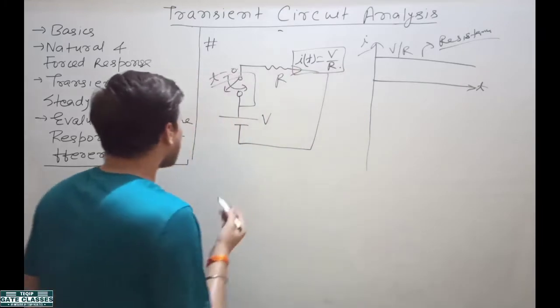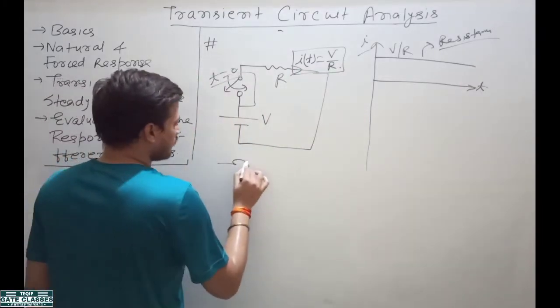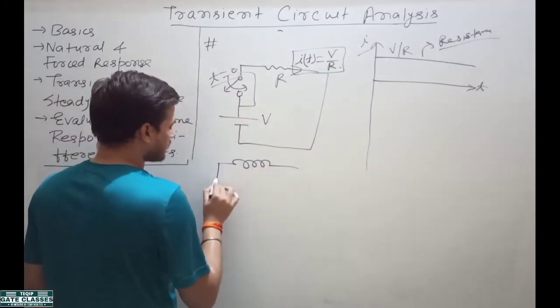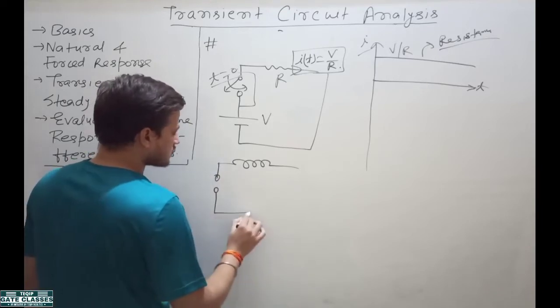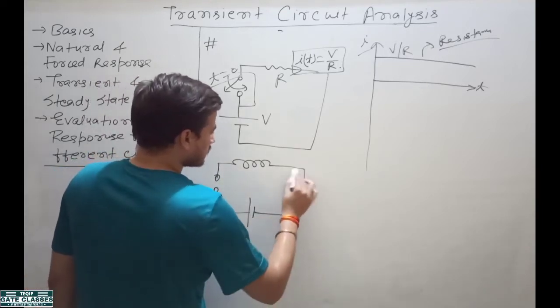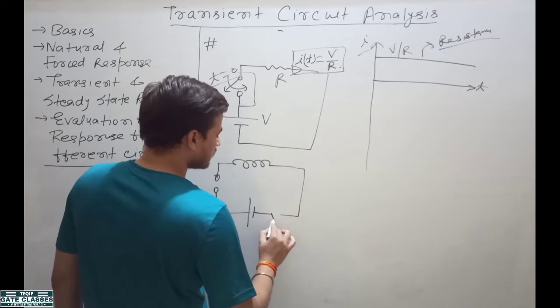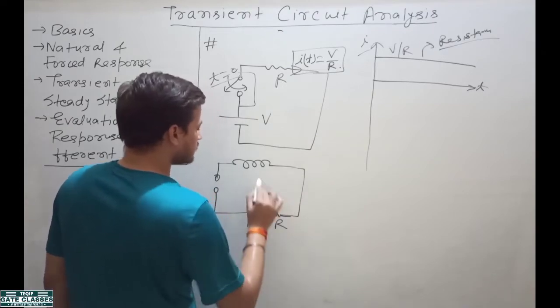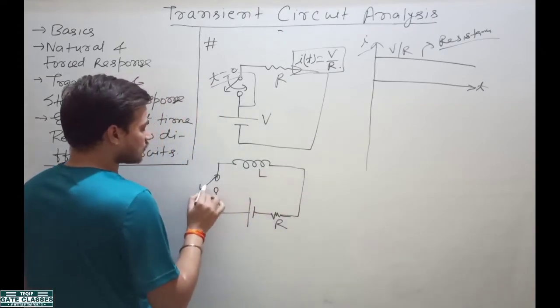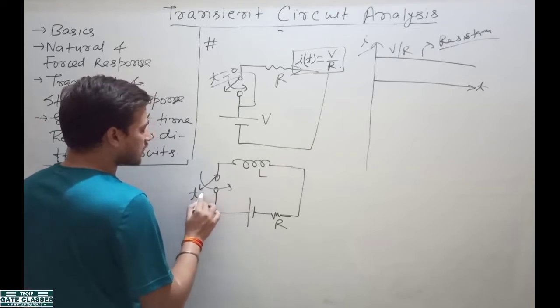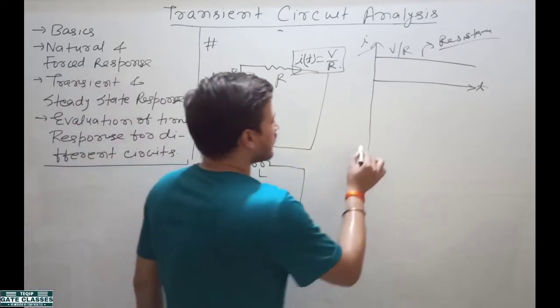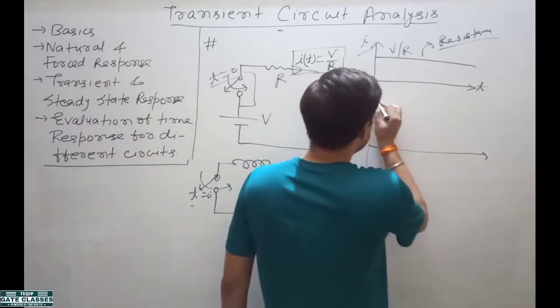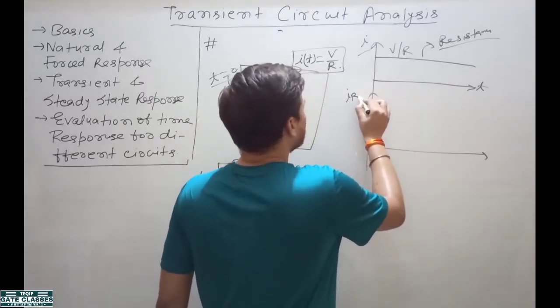But if you are having an inductor, and again you are having a switch, suppose you are having a RL circuit, clear? This is the switch. Now when the switch is closed at t equal to 0, in the case of inductor, here I am drawing the current of RL circuit.